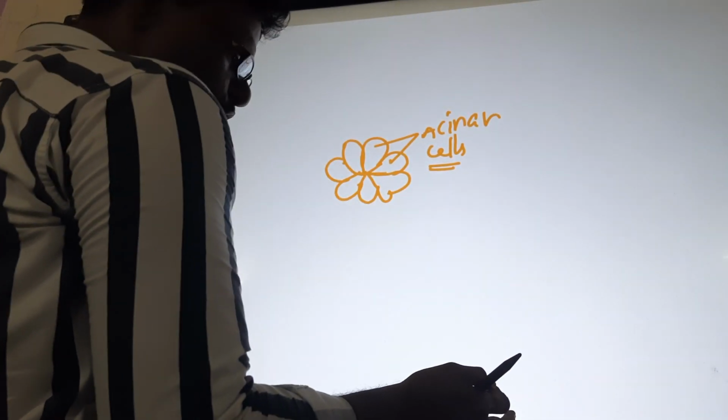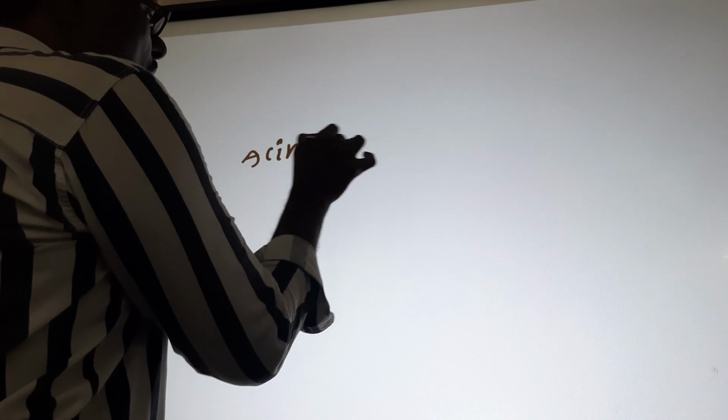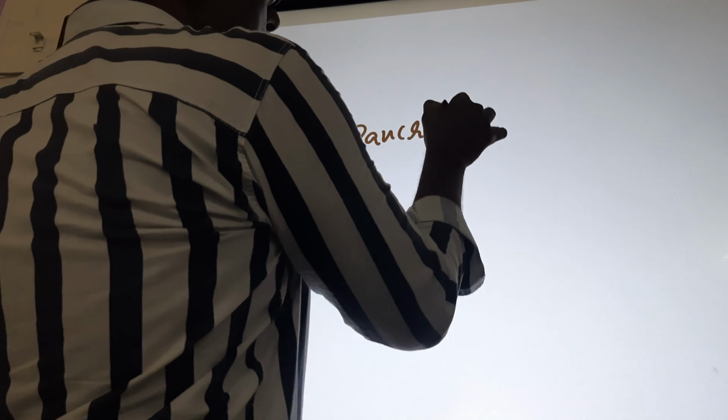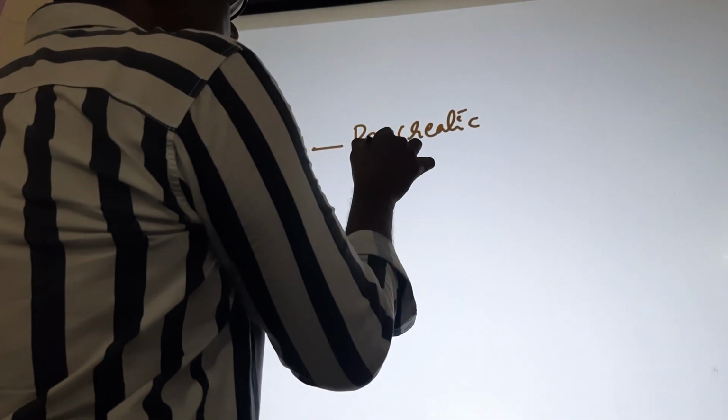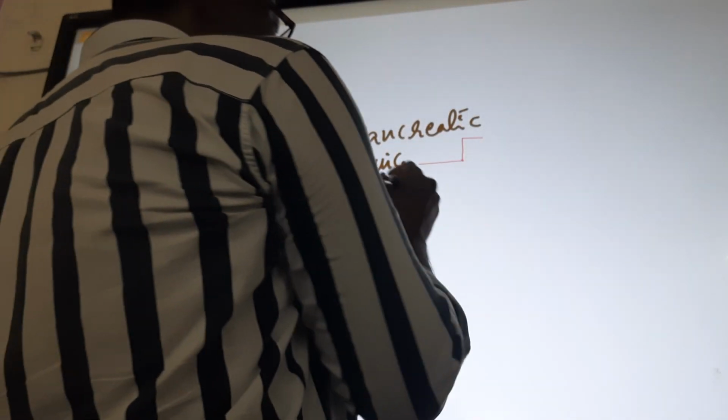What does pancreatic juice contain? See here, exocrine portion, particularly that is composed of acinal cells, secretes pancreatic juice. What does this juice contain? This juice has a pH also.